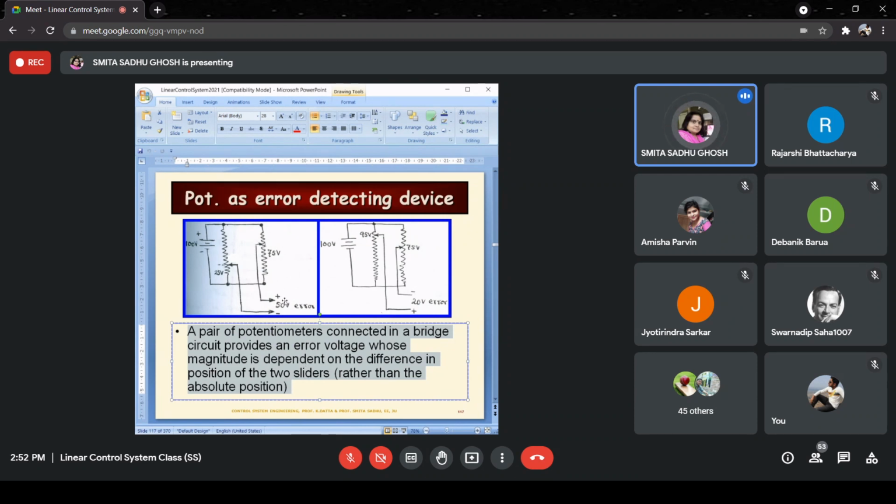Okay, so it is the difference in positions, not the absolute position. Absolute position we had when we had a single potentiometer element, as shown in the previous slide. But here we have two elements. So here the difference is what we get at the output, as I have actually explained.